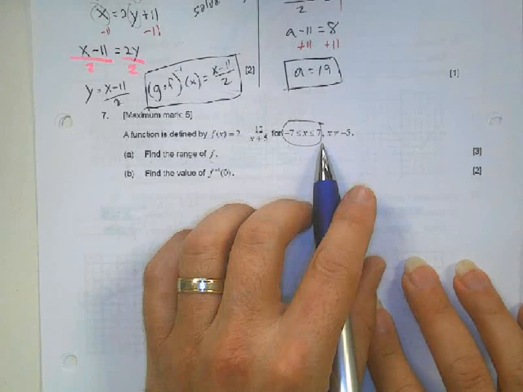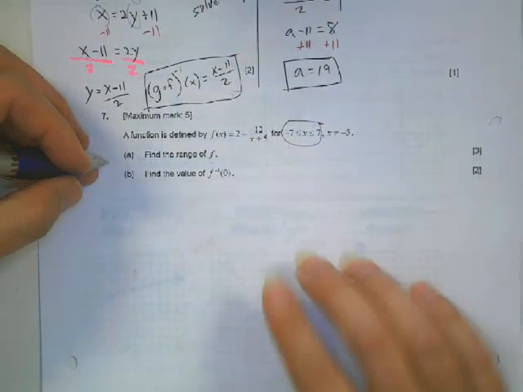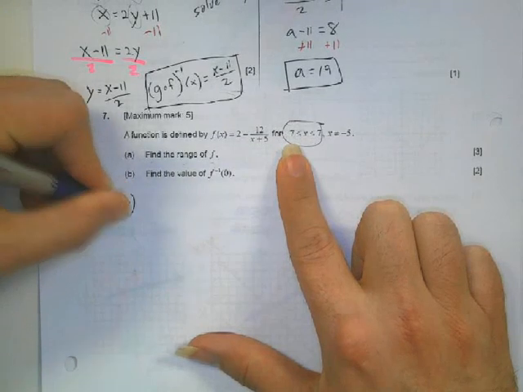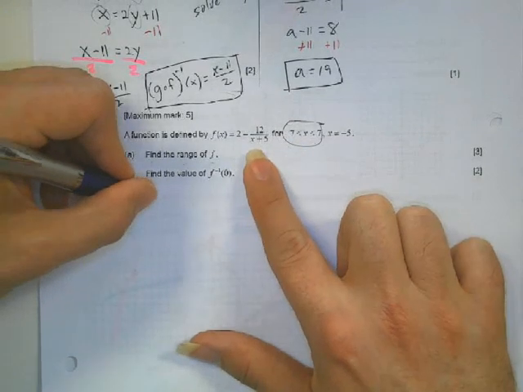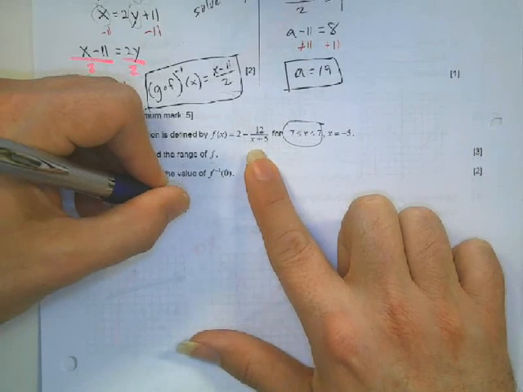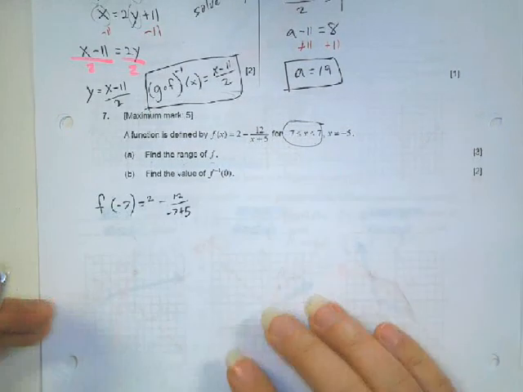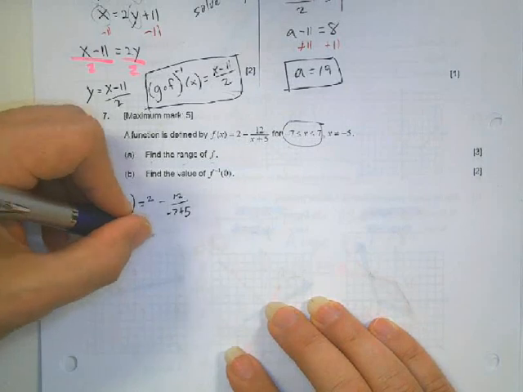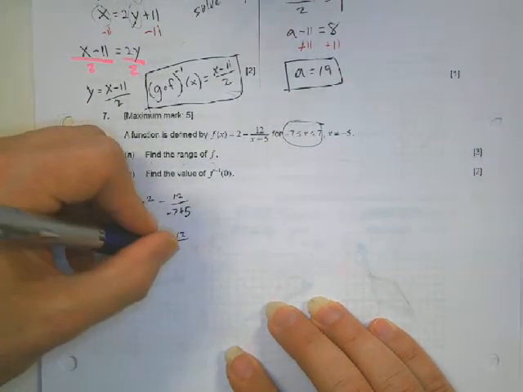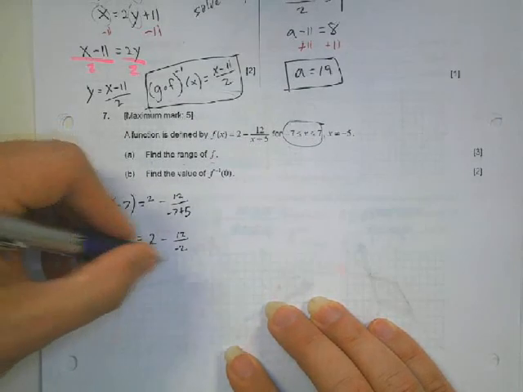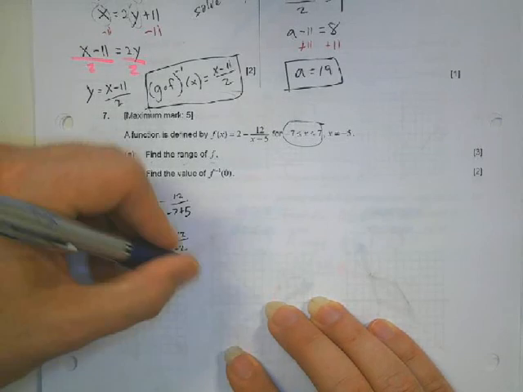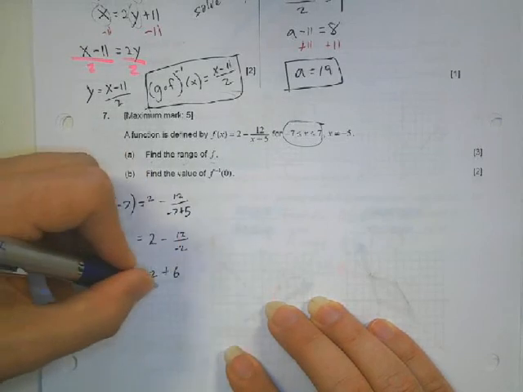So if I plug in -7 in here, we're going to get 2 minus 12 over (-7 plus 5). And we get 2 minus 12 over -2. So we're going to end up with 2 plus 6, and that gives me 8.